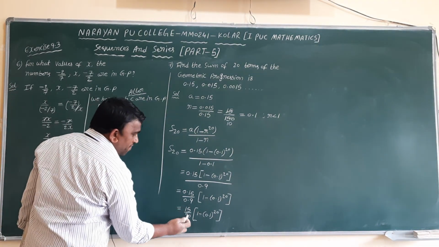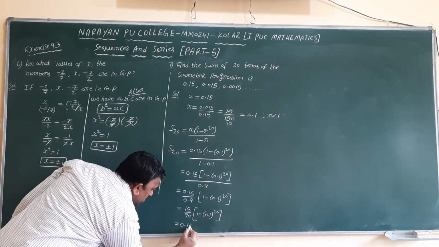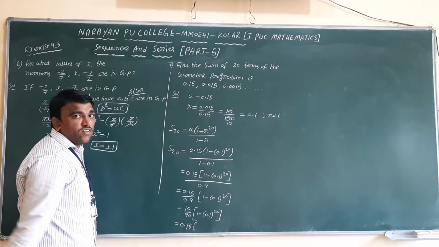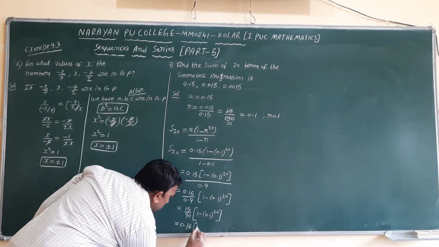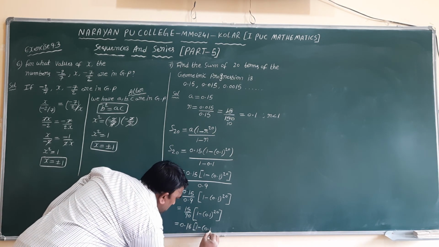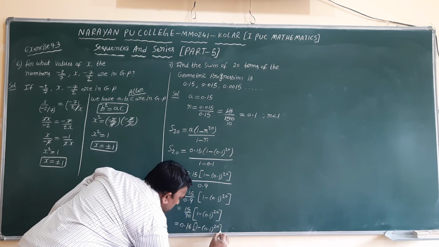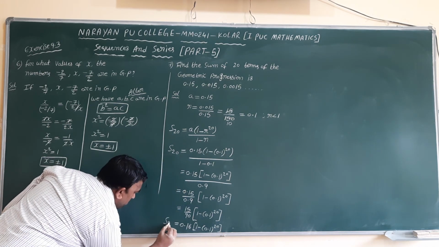Here 15 by 90 value is 0.1666 like that, so we get 0.1666 into 1 minus 0.1 whole power 20, that is S20 value.